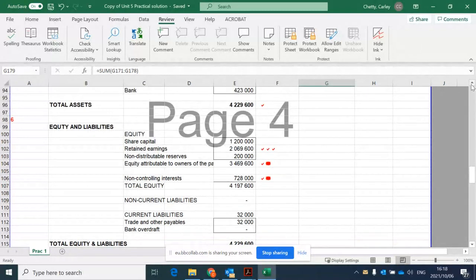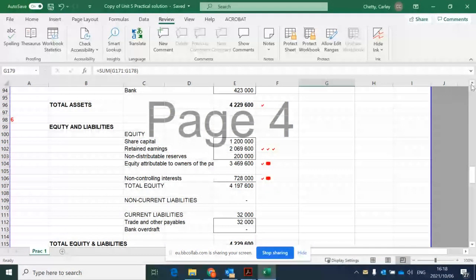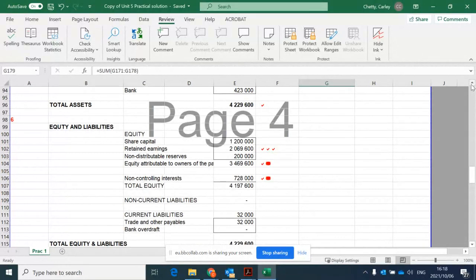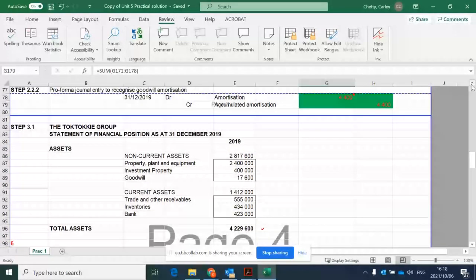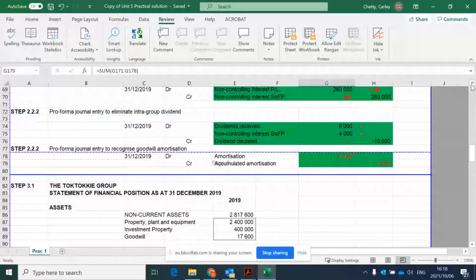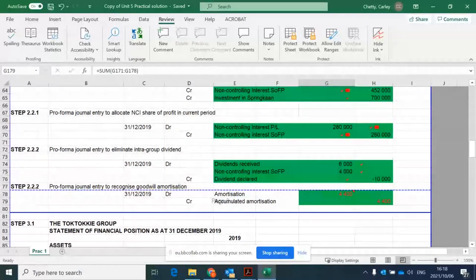So if we keep that dividend declared of 10,000, we're basically saying 6,000 of this dividend was paid from the subsidiary to the parent. And because we view them in the group financial statements as one company, we're basically seeing it as the company declared a dividend to itself. And this isn't actually possible in accounting terms.